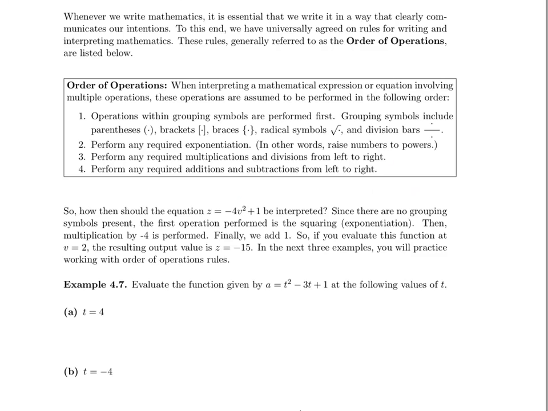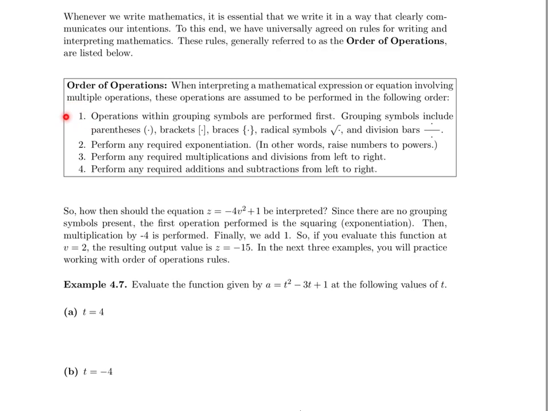These rules are referred to as the order of operations, and they are summarized in the box below. When interpreting a mathematical expression or an equation that involves multiple operations, these operations are assumed to be performed in the following order.